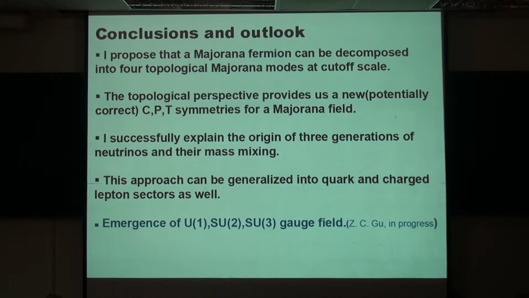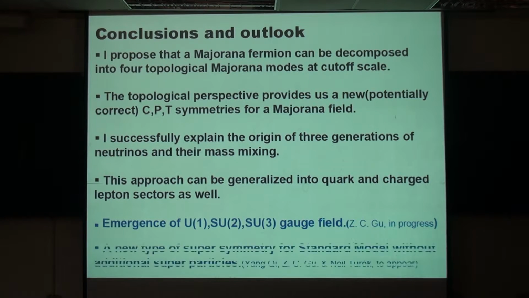For future directions, I think in this scheme there's a natural way to explain the 1, 2, 3 gauge fields. This might also be very promising progress along this direction. And we also found some new types of supersymmetry, where we might not even need to add additional superpartners.